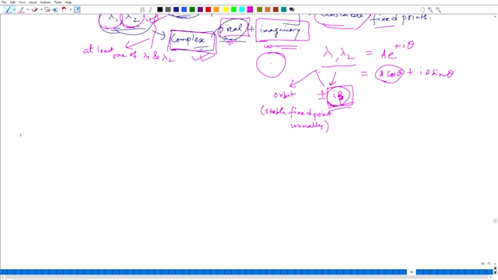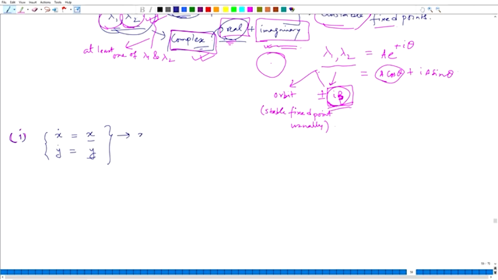So, the first example I can start with is a very simple example: x dot is equal to x and y dot is equal to simply y. So, I have two state variables x and y and two equations of evolution, x dot and y dot. If you simply understand this equation, you will solve it immediately.